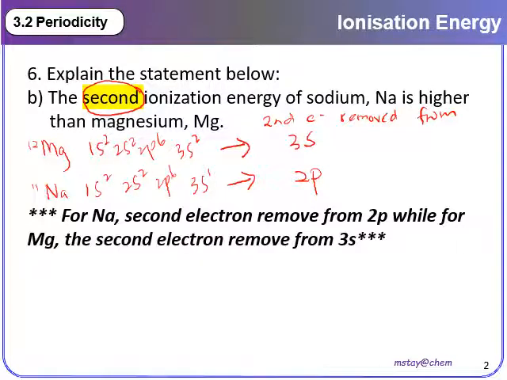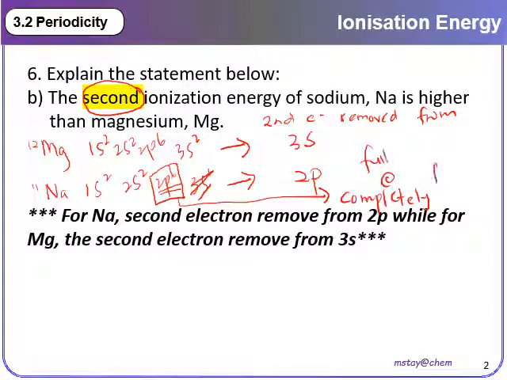What's the difference between 2p and 3s orbital? After we remove one electron from sodium, the electron configuration becomes 2p6. Now we want to remove an electron from 2p6, which means the orbital is completely filled.